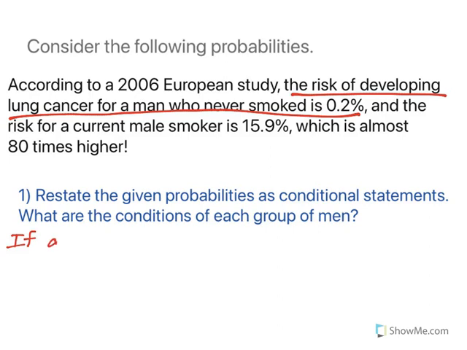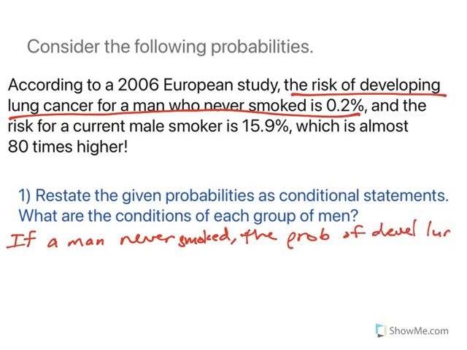If a man never smoked, so we're looking at male non-smokers, the probability of developing lung cancer is 0.2%. Or they would say, if you have a male non-smoker, what is the probability of developing lung cancer? That's the idea.